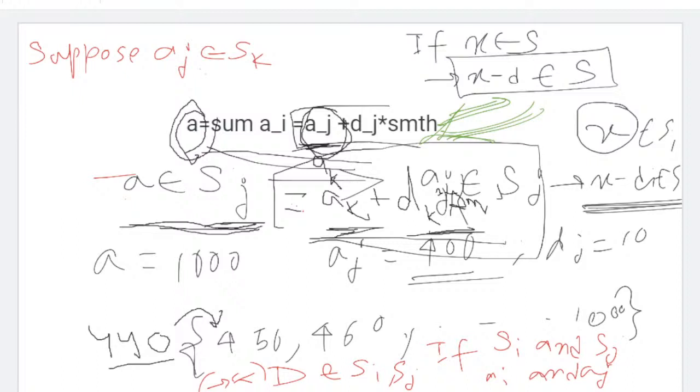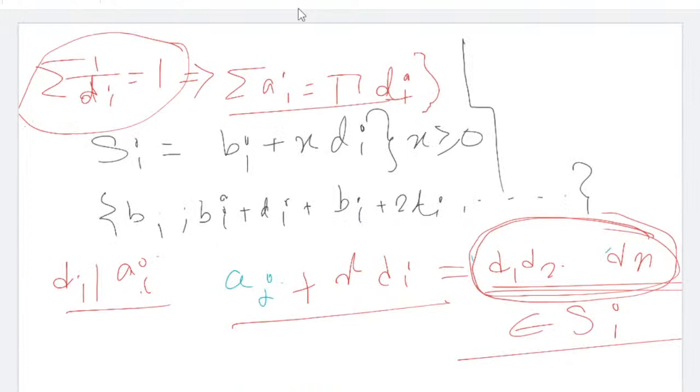We didn't use that. No, we didn't use Di divides Ai. Consider when you argue, move to page 3, please. Suppose the product of all the Di is capital D. We are claiming that the set that contains capital D, suppose Si, must also contain Ai, right?